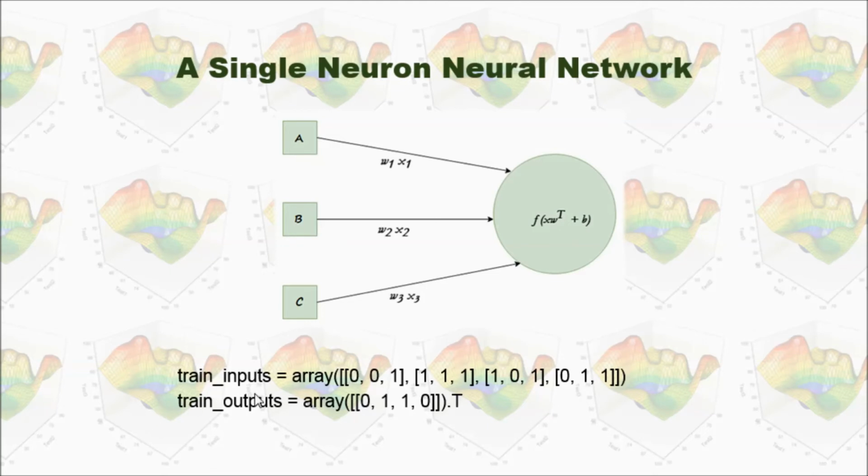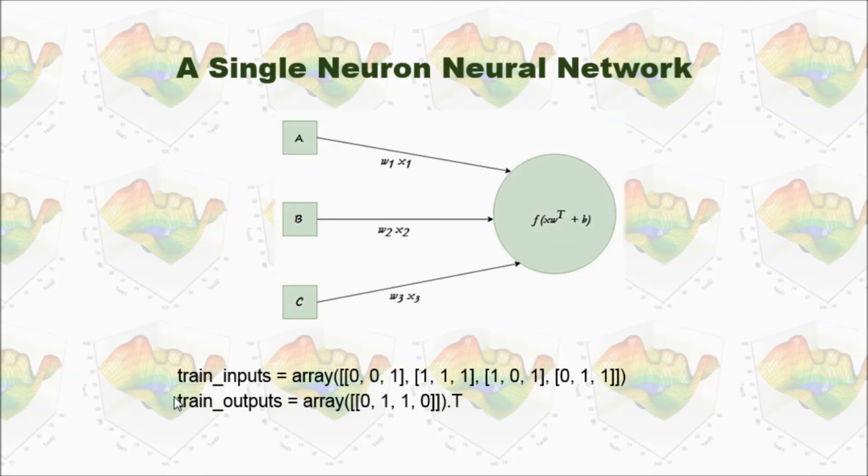With the training set, I will have the input as this. 4 input here is A, B, and C. It's 001, 111, 101, 011. And then the output we know it should be the value 0, 1, 1, 0. That means after we combine the input from A and B and C, and then we will reach this value.